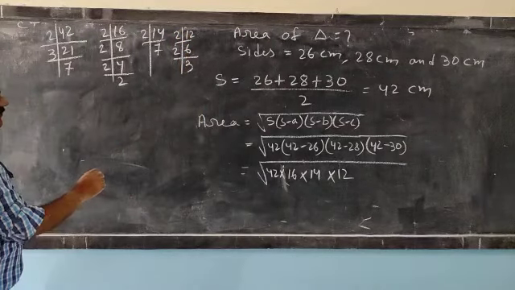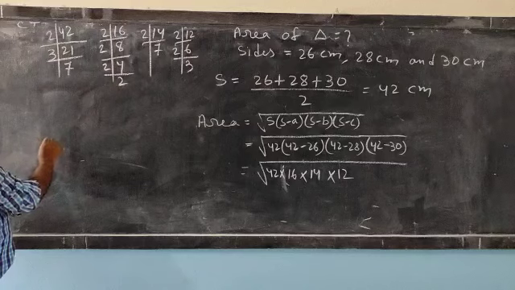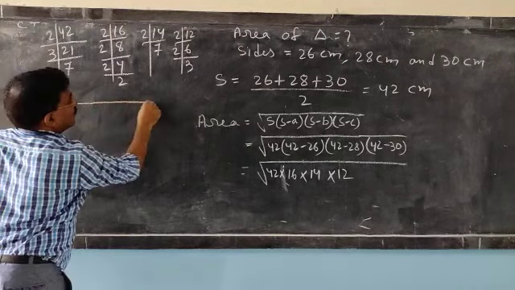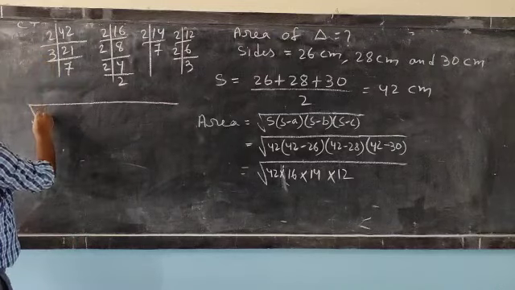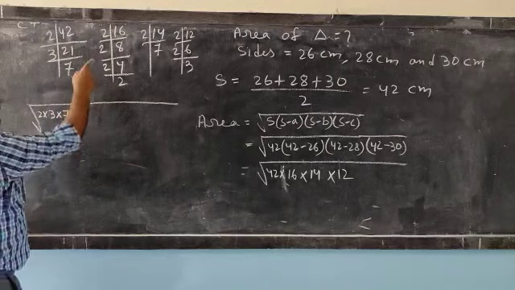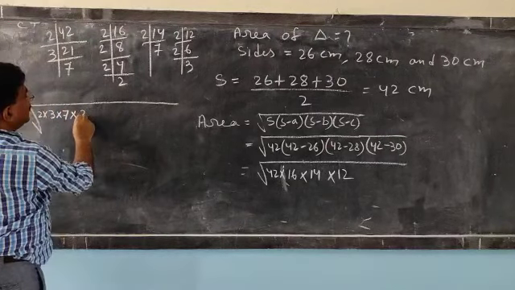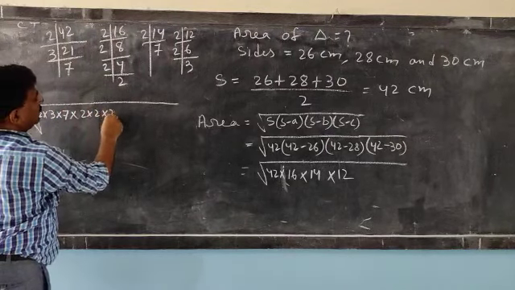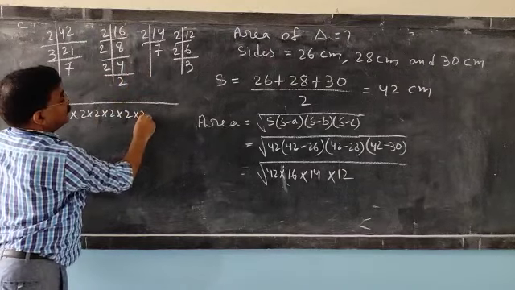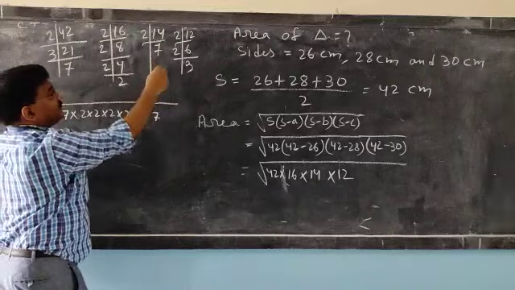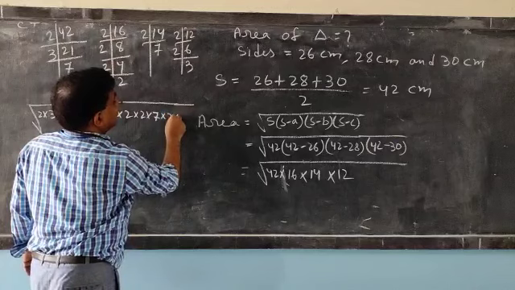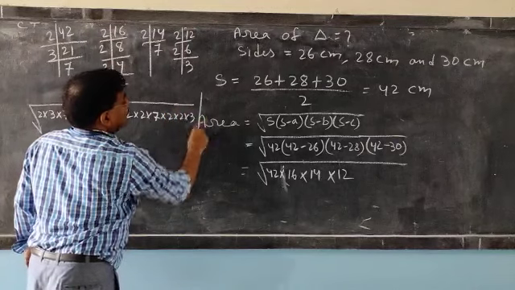We can write this way. Instead of 42, we can write 2 into 3 into 7. Instead of 16, we can write 2 into 2 into 2 into 2. Instead of 14, we can write 2 into 7. And instead of 12, we can write 2 into 2 into 3.